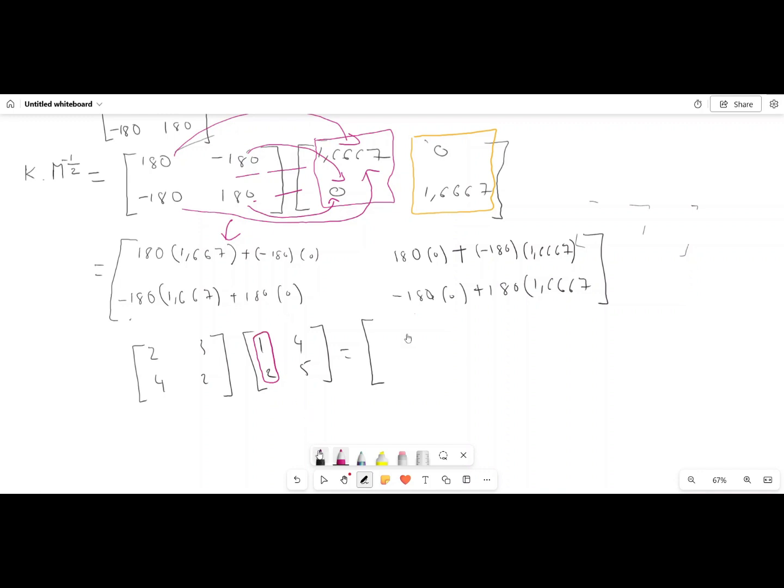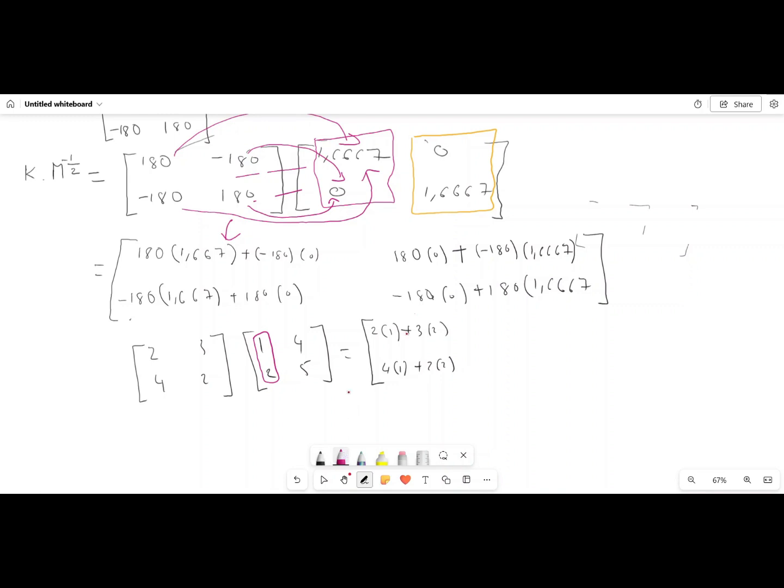For the first row, I will have 2 times 1 plus 3 times 2. That makes this one on top. For the bottom, I will have 4 times 1 plus 2 times 2. This makes the second at the bottom.